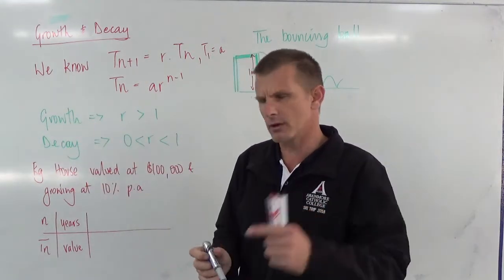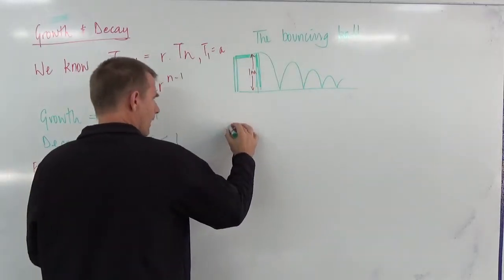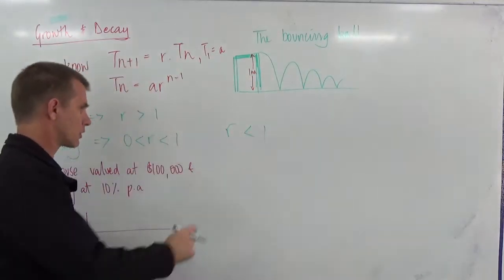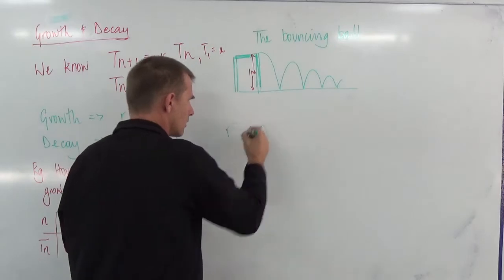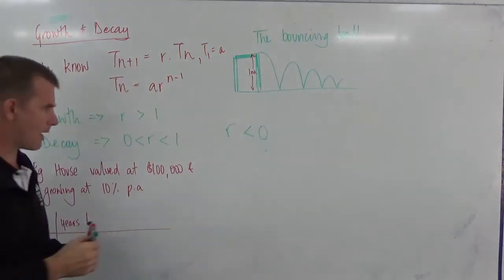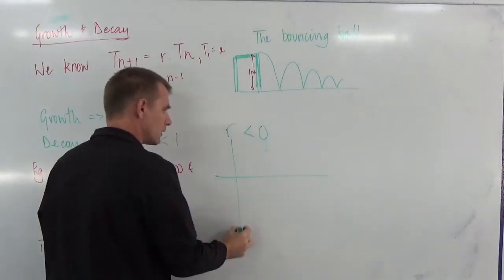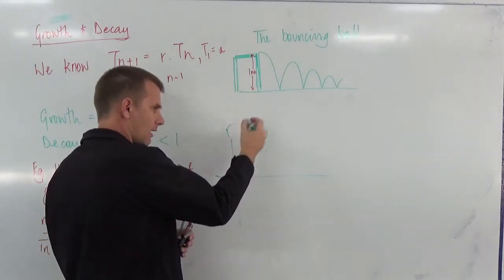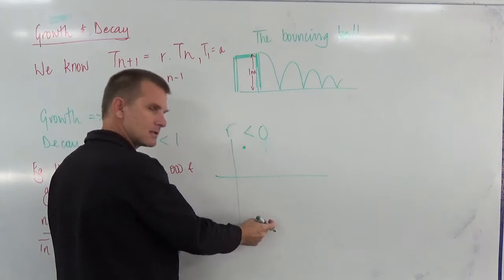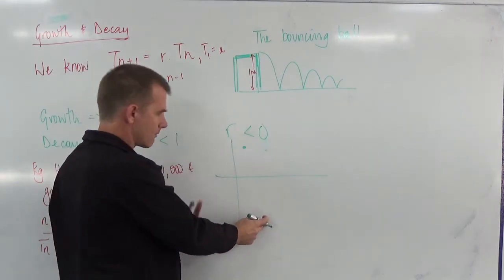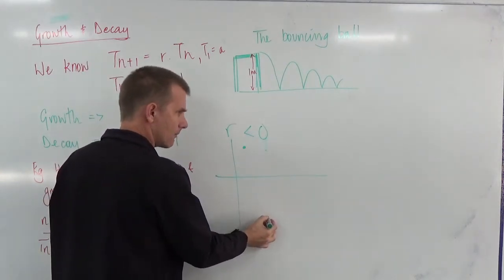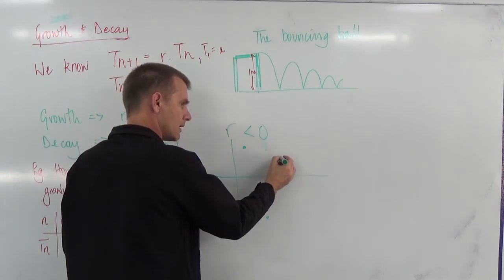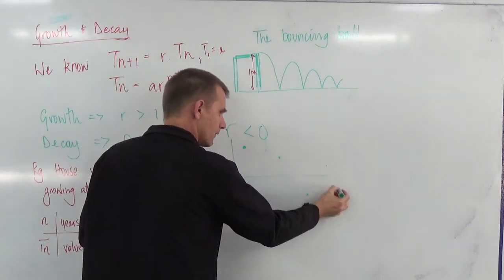Now let's also briefly talk about what happens if R was less than 0. Well, what's going to happen on a graph is the first term might be here and be positive. The second term is going to become negative because you're multiplying by a negative number. It might be down here. Then the third one might be here, and then the fourth, the fifth, and the sixth.